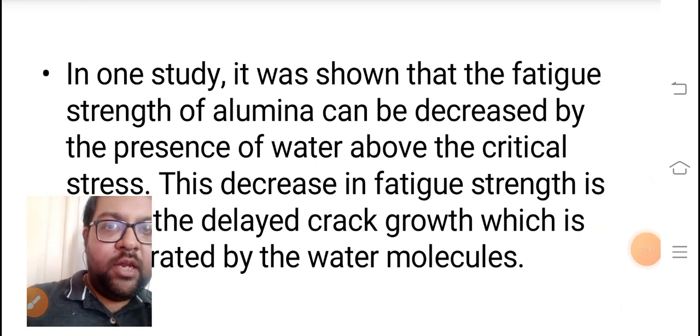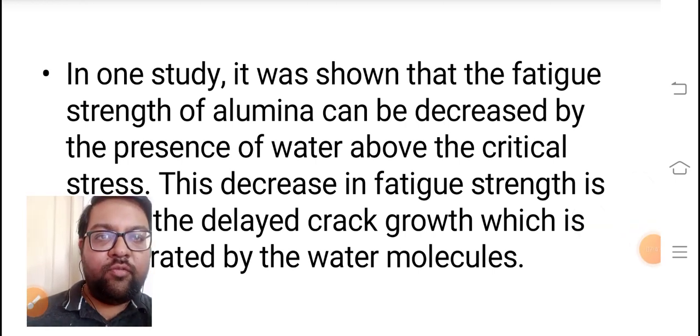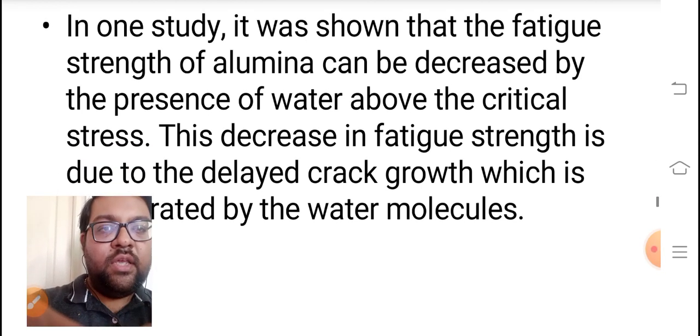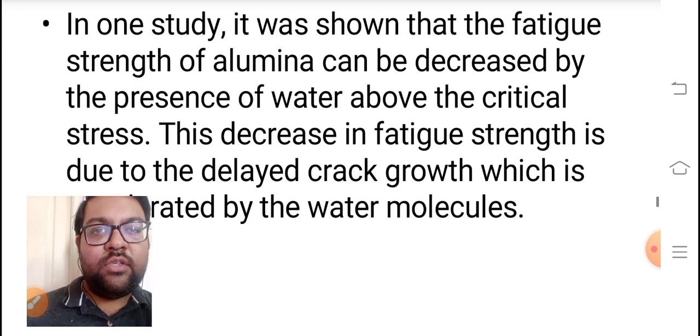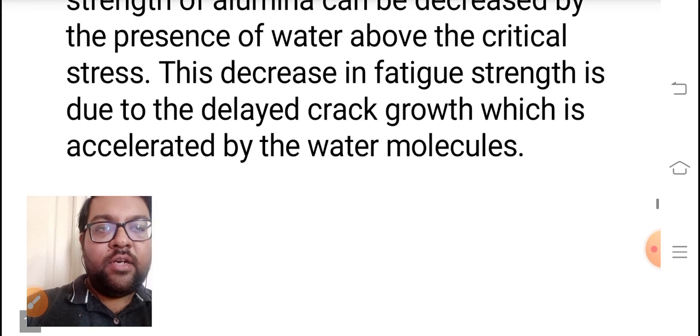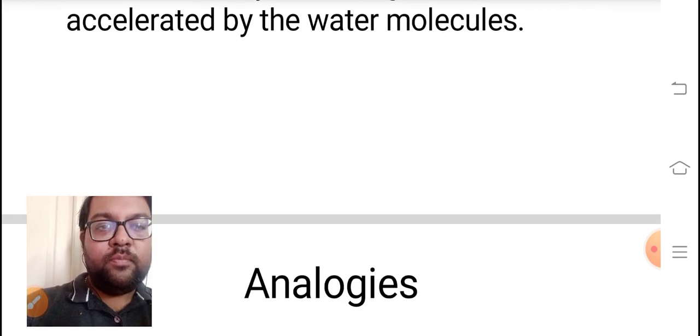In one study, it was shown that the fatigue strength of alumina can be decreased by the presence of water above critical stress. This decrease in fatigue strength is due to delayed crack growth, which is accelerated by water molecules.